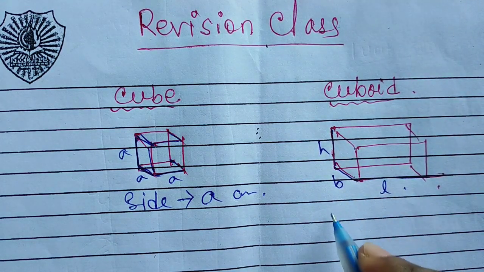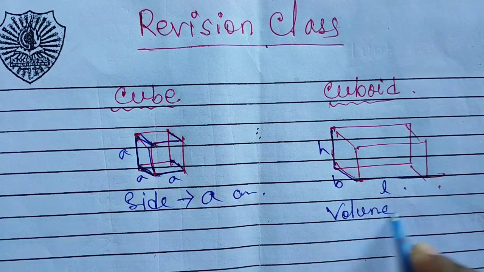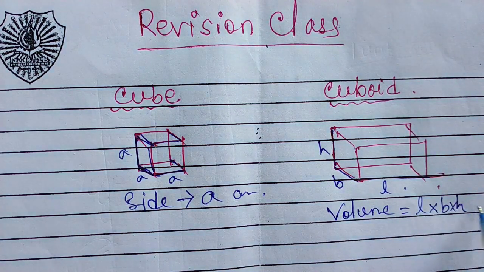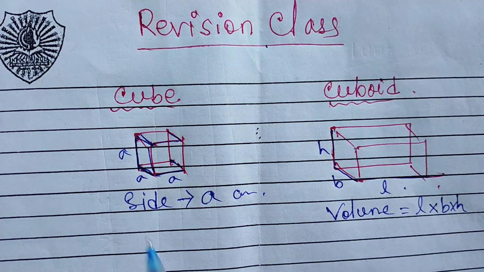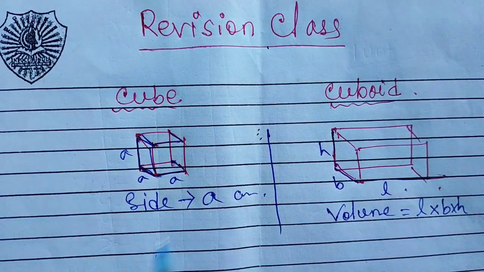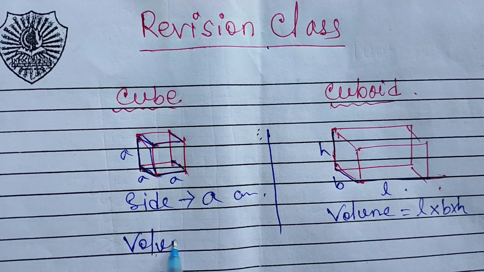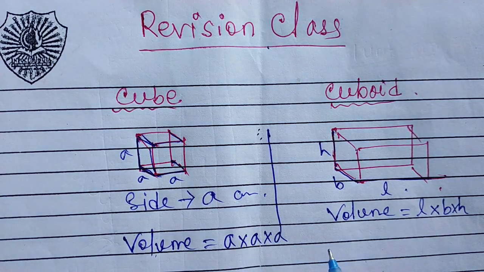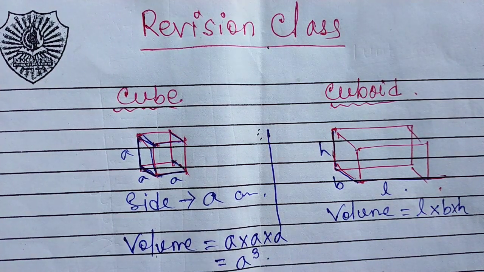In this case the volume will be length into breadth into height, in cubic centimeter or any cubic unit. For a cube, the volume will be side into side into side, actually side cube.